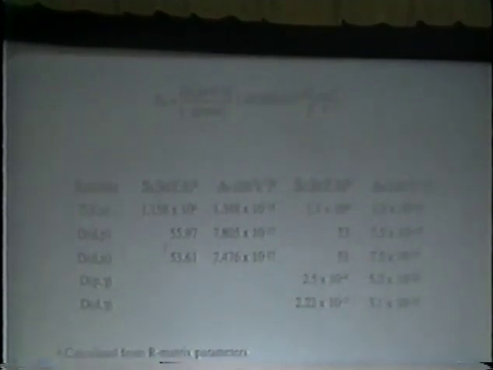And these values in this column are the ones that we calculate from our matrix analyses, and then we extract these values for the reaction constant.